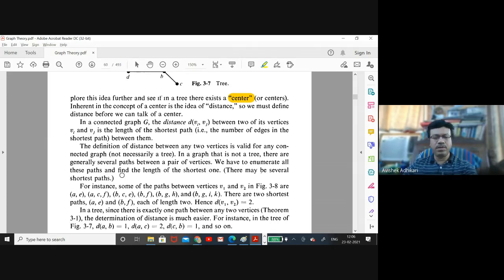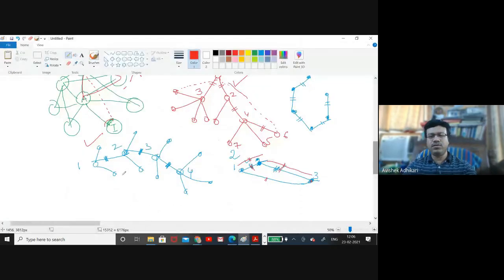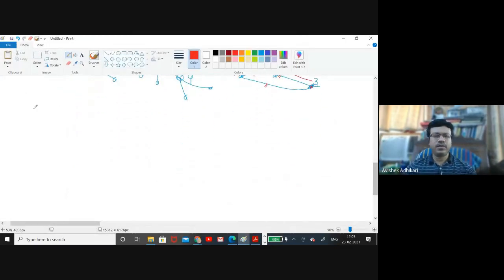For example, suppose I have a square with vertices 1, 2, 3, 4. Can you please tell me what is the distance between 2 and 4?